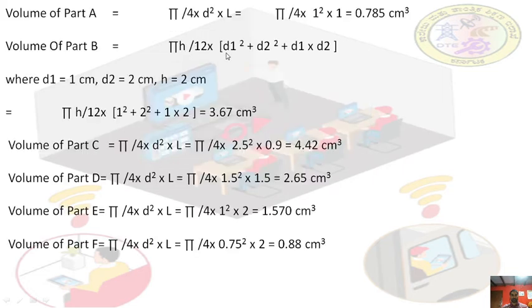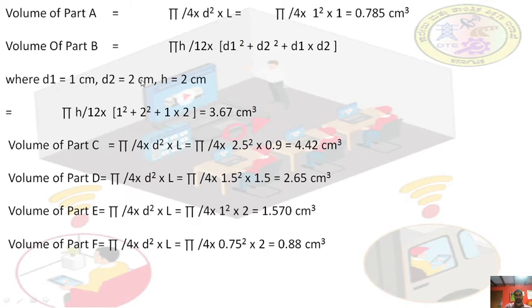Pi h by 12 into d1 square plus d2 square plus d1 d2. If you exchange the values of d1 and d2, the answer remains the same, because everything is multiplied together.